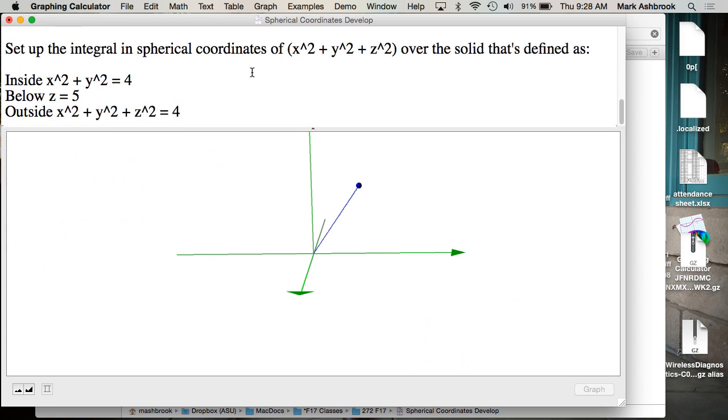We're going to set up in spherical coordinates the integral of x squared plus y squared plus z squared. That's the function we want to integrate. We could think of that as a rate of change function. Over the solid defined as this: inside x squared plus y squared equals 4, below z equals 5, and outside x squared plus y squared plus z squared equals 4.